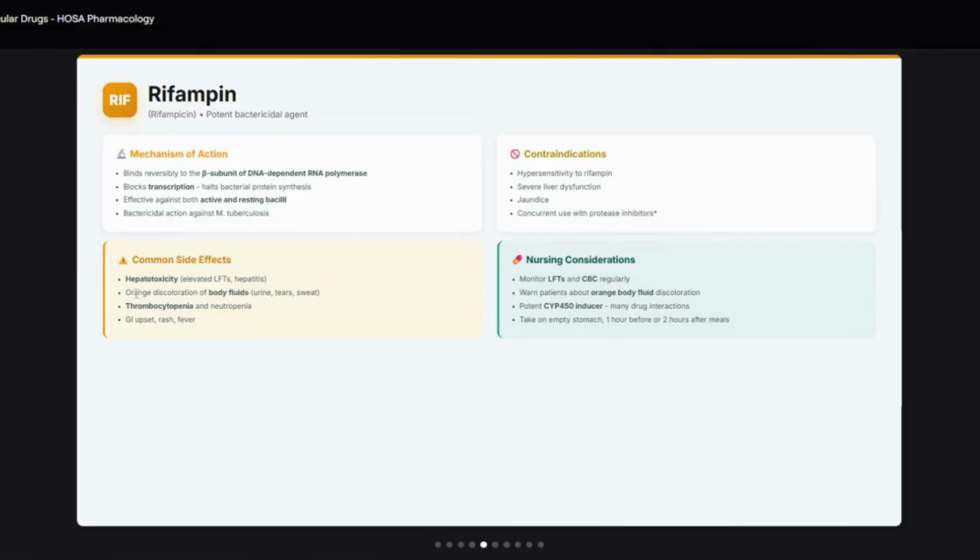And here's the main part you have to know about this: your body fluids can turn orange. So that means urine, tears, sweat can all turn orange. This is normal. If a patient has this during treatment, it's perfectly normal. This one just means low white blood cell count. And yes, that's really it for now.